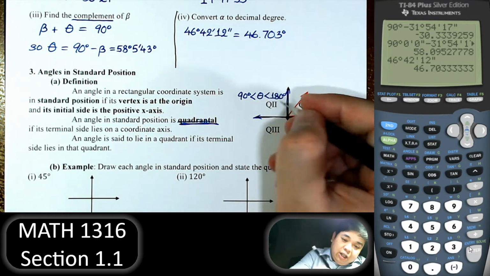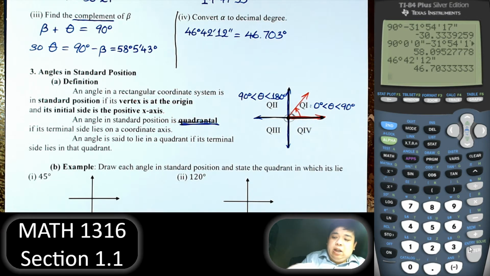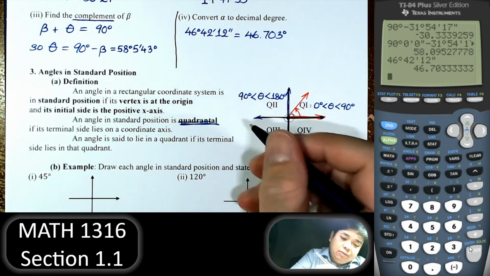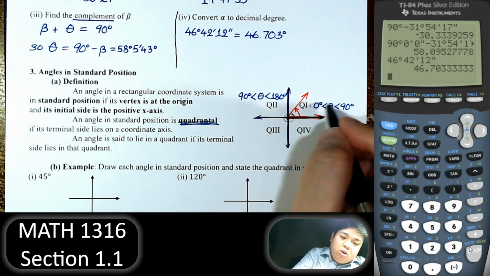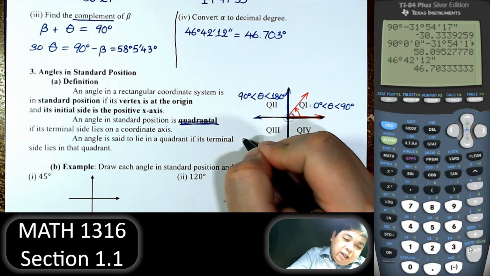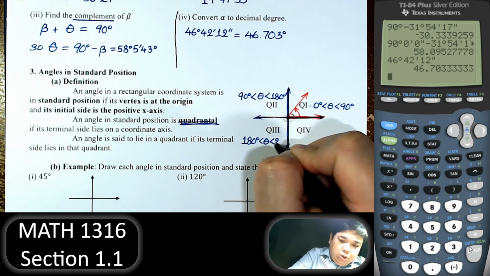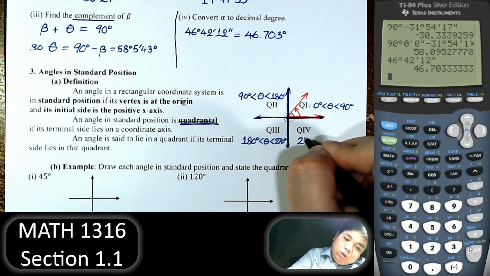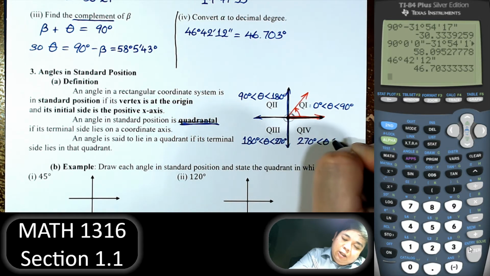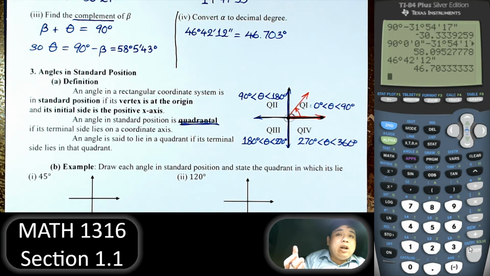An angle in reality can go around and around as many times as we want, clockwise or counterclockwise. But for now, quadrant 3 is from 180 degrees to 270 degrees, and from 270 to 360 is quadrant 4. Later on we will see that it can be more than that.